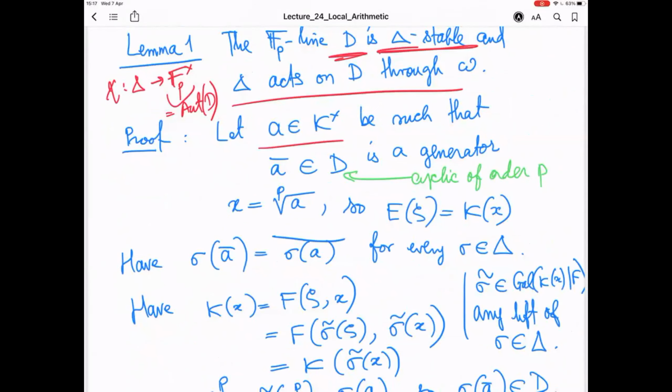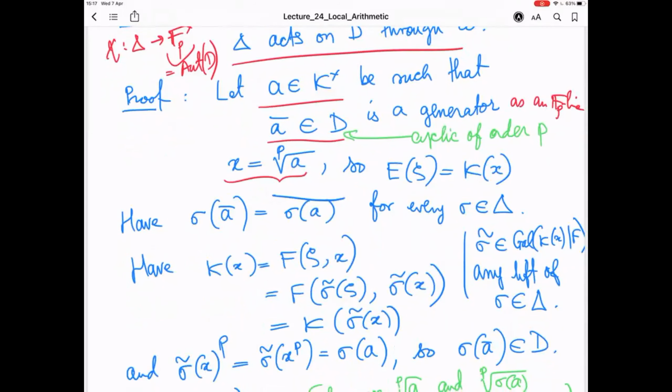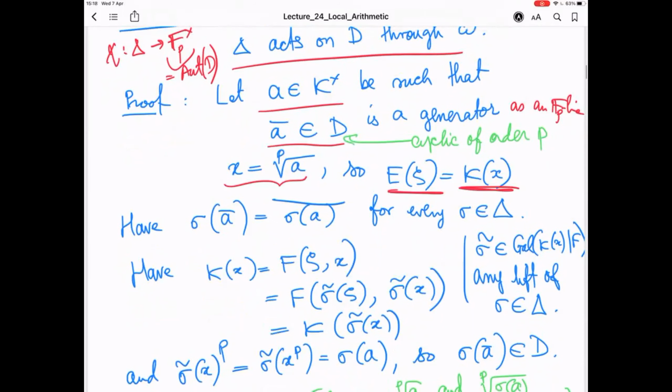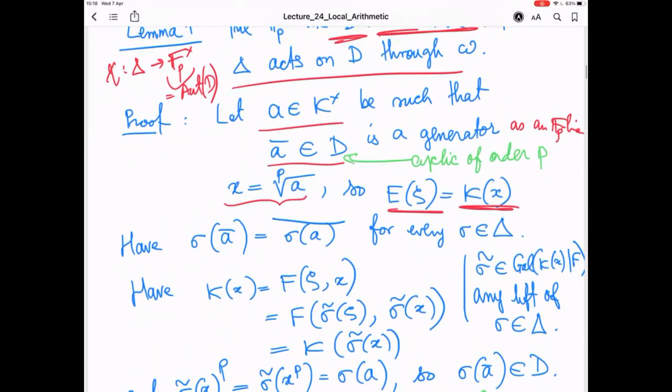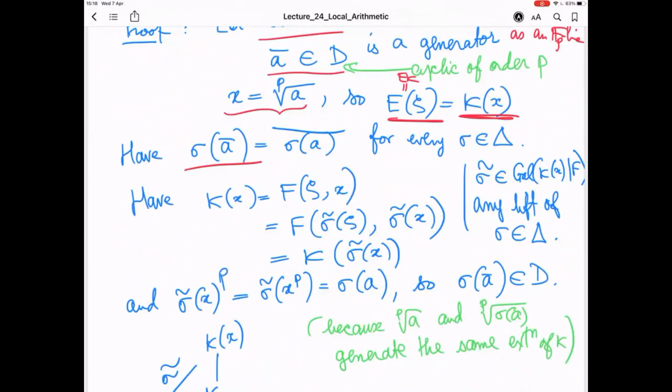So take an a such that a bar generates D as an F_p line, right? But as a group, it's the same. Then if I denote by x a pth root of a, then EK, which is E zeta, is just K(x). Now, what is sigma of a bar?